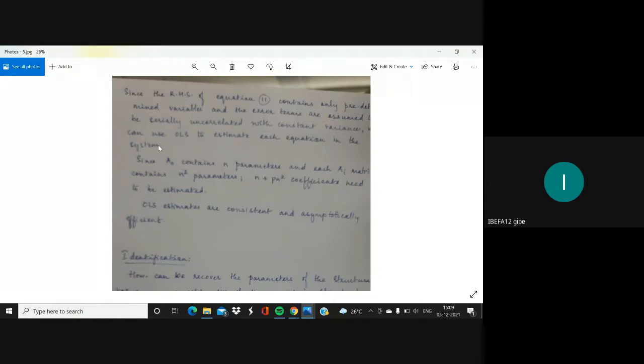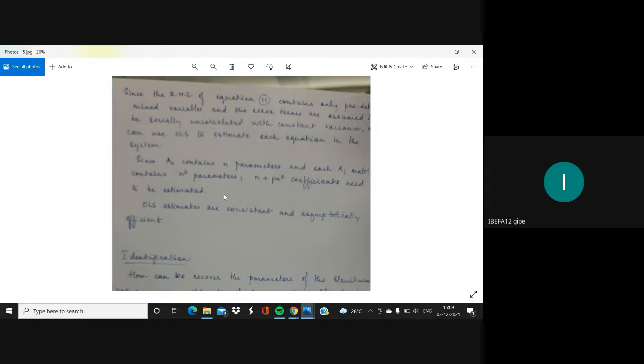So here, once you transform the model by using B inverse, putting the VAR model in the standard form, and you actually start working with equation level, now you are able to use OLS on those equations and actually estimate the coefficients of your VAR model. Because now your right hand side has only predetermined variables and the error terms are serially uncorrelated, plus they will not be correlated with your regressors.